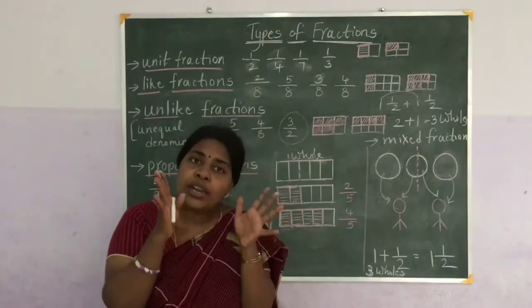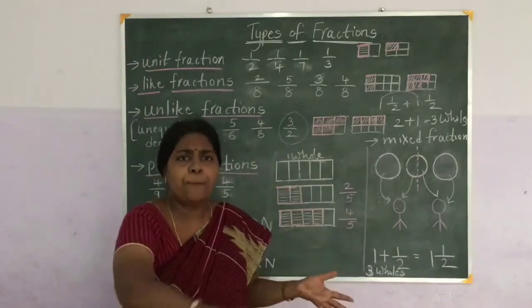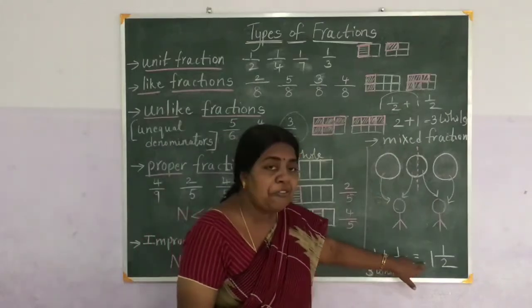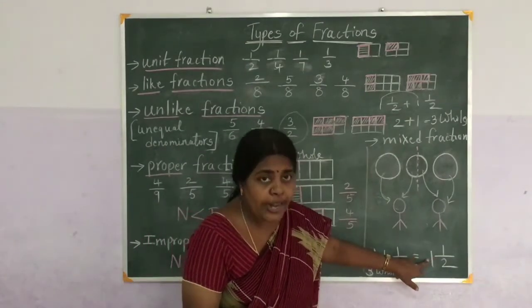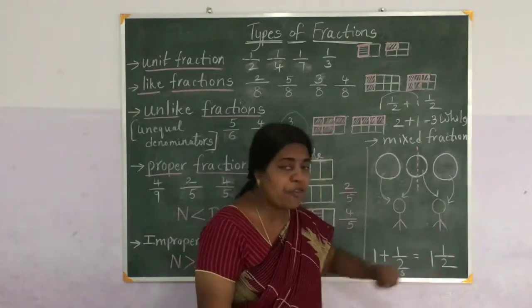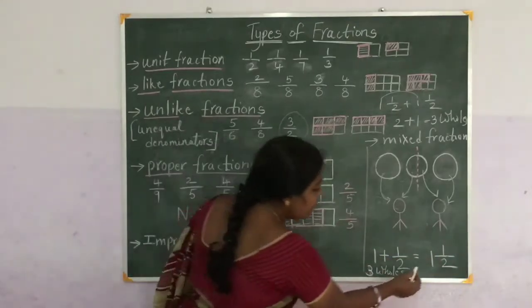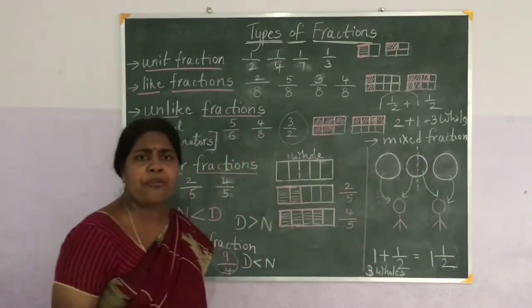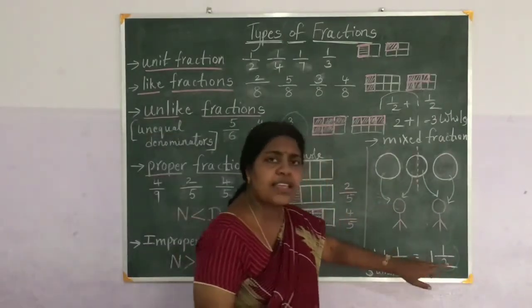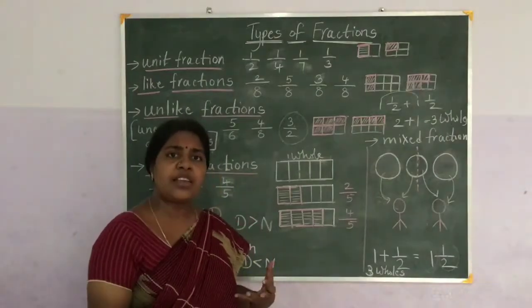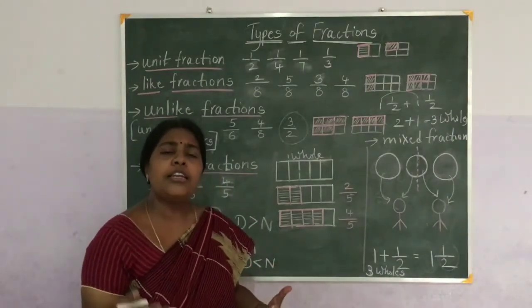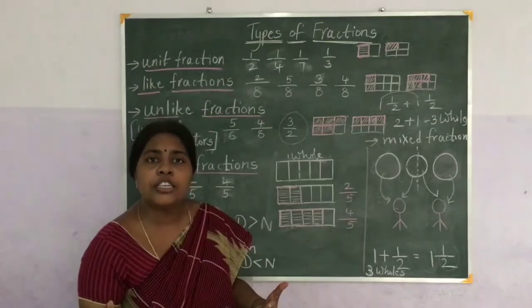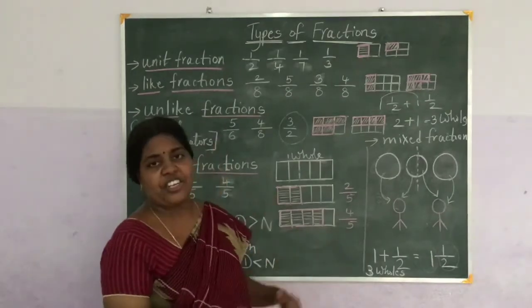So if a fraction has a whole number and a proper fraction, this is the whole number and this is a proper fraction. 1 by 2 is a proper fraction because the numerator is less than the denominator.